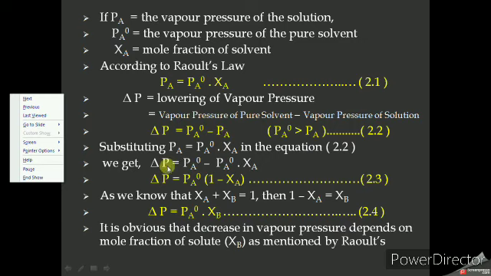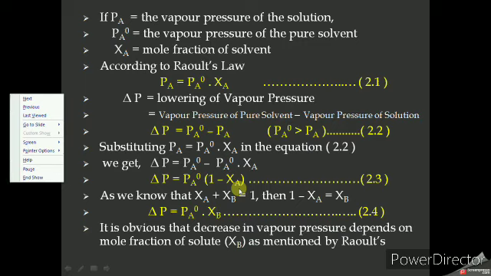Delta P is equal to Pa0 as it is, and the value of Pa is Pa0 into Xa. So Pa0 is common; taking it outside the bracket, what does the equation become? So delta P is equal to Pa0 in bracket 1 minus Xa, that is the new equation 2.3.